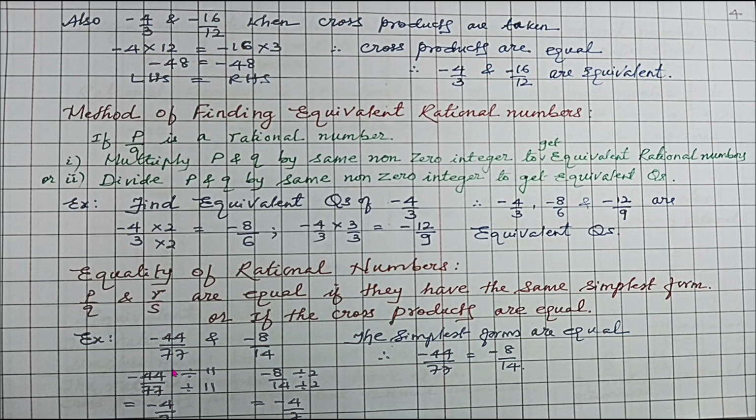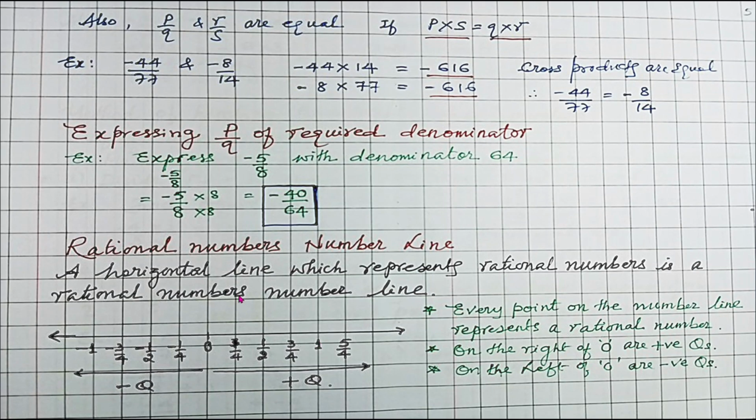If minus 44 by 77 and minus 8 by 14 are two rational numbers, the simplest form of minus 44 by 77 is minus 4 by 7, and the simplest form of minus 8 by 14 is also minus 4 by 7, and therefore these two are equal rational numbers. That is what you have to remember. And also, if I take p by q and r by s and take the cross products ps and qr, if they are equal, they are still equal rational numbers.